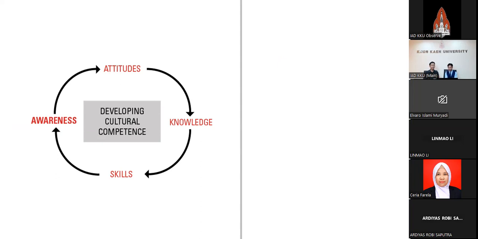And then awareness helps us understand the situations, and once we understand, we fit our attitudes to the situation. So if I want to meet this kind of person in this country, I will set this attitude. It doesn't mean that we become someone else, but that's the way we do for good, right?